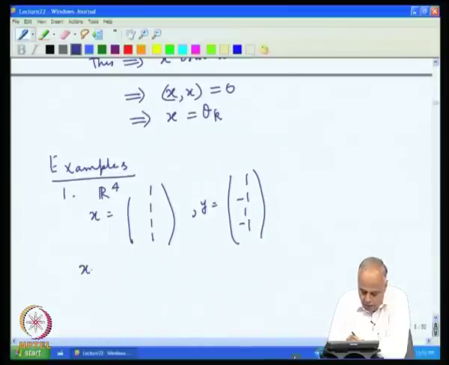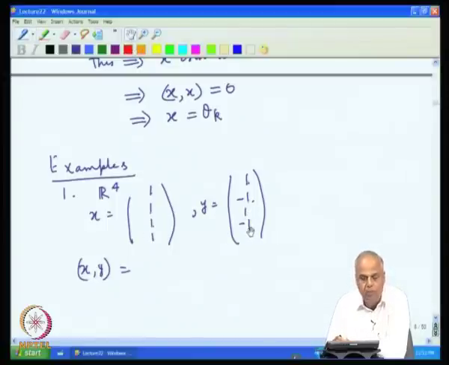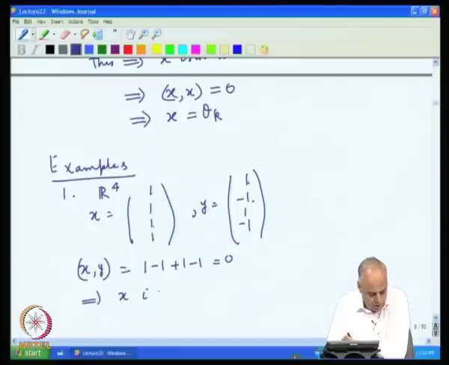Clearly, we have the inner product of x and y is x 1 y 1 which is 1, x 2 y 2 which is minus 1, x 3 y 3 which is 1, x 4 y 4 which is minus 1. So, it is going to be 1 minus 1 plus 1 minus 1 which is 0, which implies x is orthogonal to y in the vector space R 4.